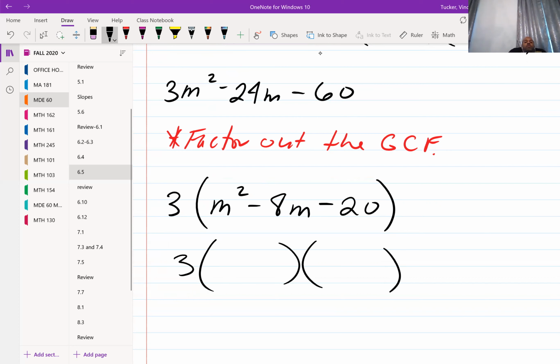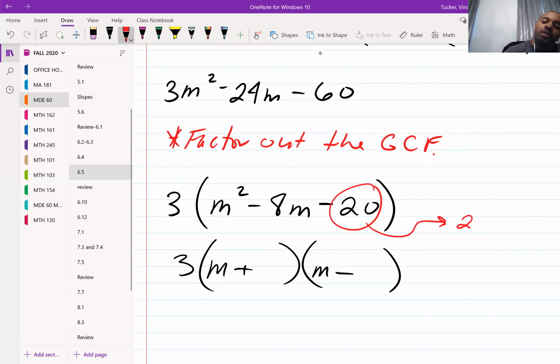All right. So our signs are going to be negative and positive. They're going to be different because we have that back sign back there, which is negative. First term in each is m. Now we need the factors of 20 that will subtract from each other to give us 8.